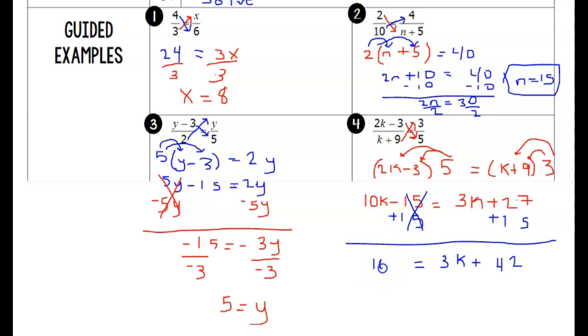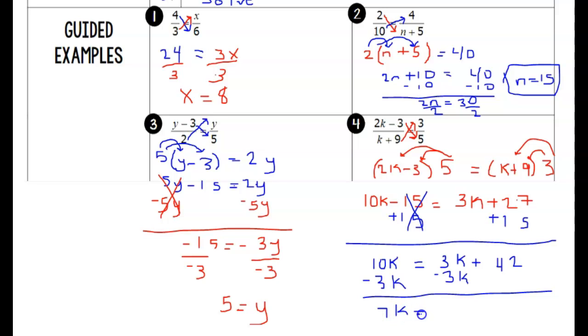Now I got to put the k's together, which means I want the k's on the other side because I want to get k by itself. So I'm going to subtract 3k on both sides, and I end up with 7k on the left equals 42, right?